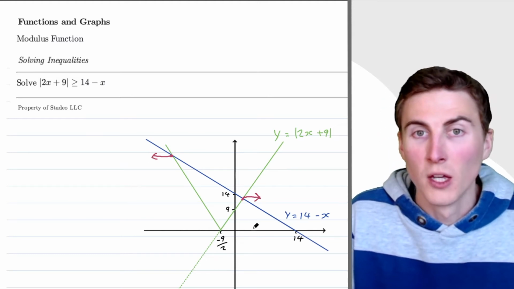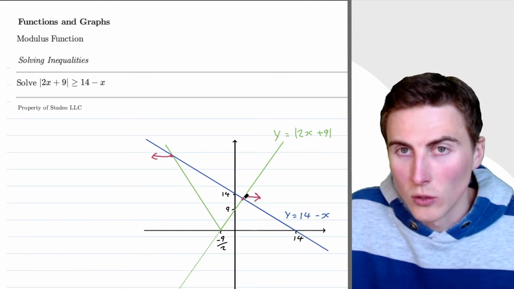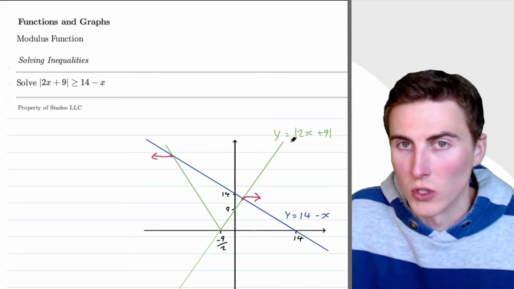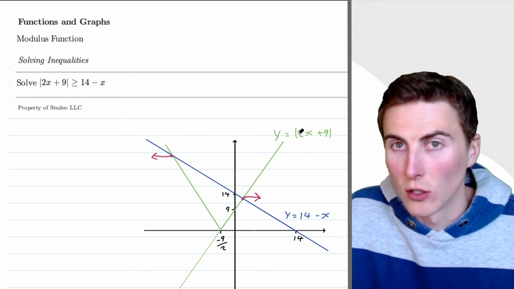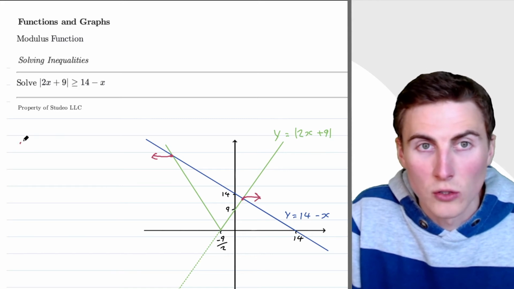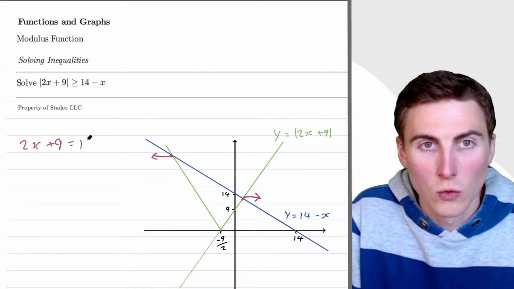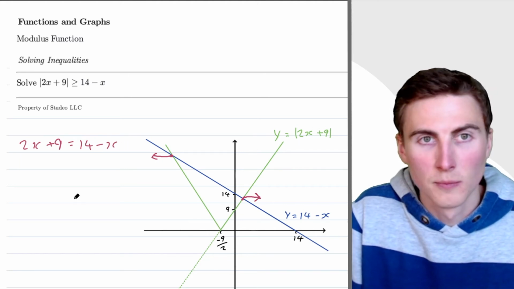All right, so how do you do that then? Well, to find this solution, we just need to set these two equations equal to each other. This green part here of our curve is the positive version. We haven't taken into account the modulus sign for this part. So to solve it, we just do 2x + 9 = 14 - x.